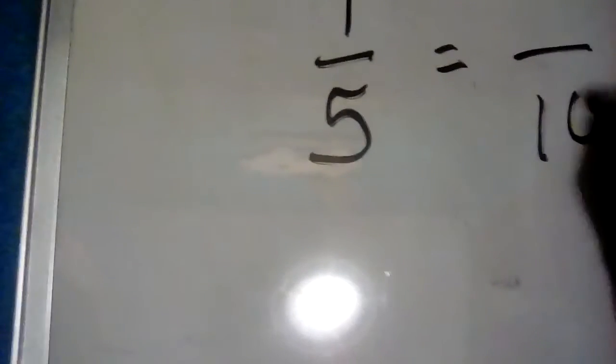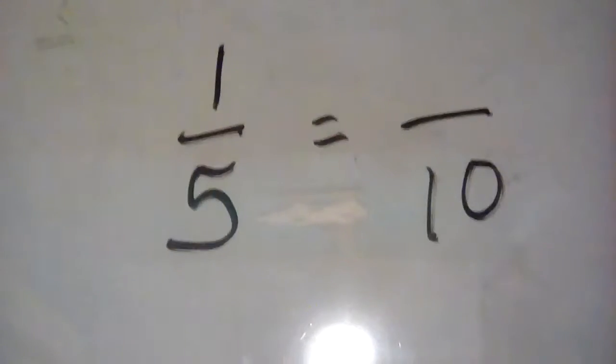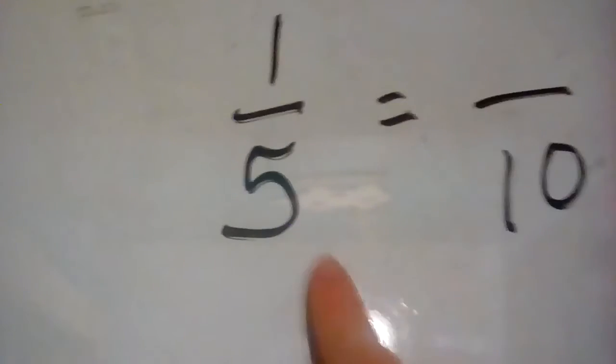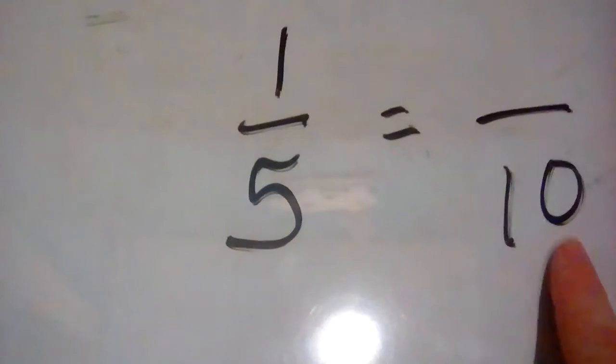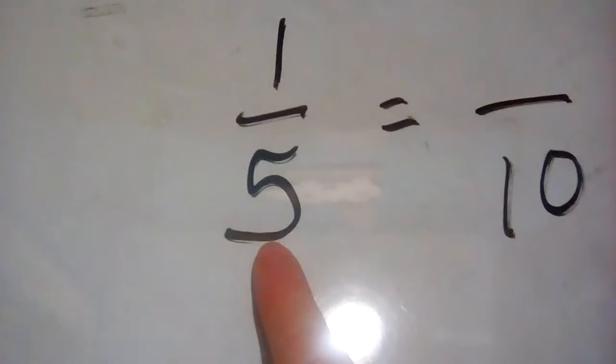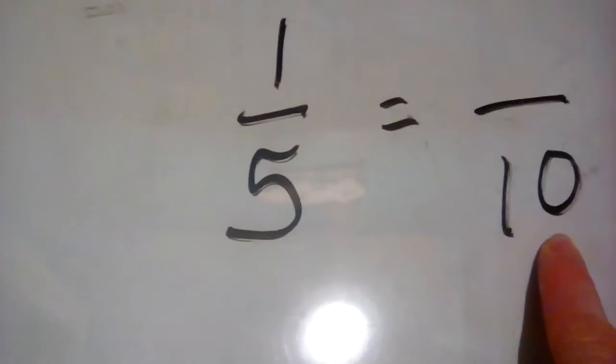Okay, so 1/5, we want to change that into tenths. We're looking for equivalent fractions. 1/5 is the same thing as how many tenths? We ask ourselves, 5 times what will give me 10?